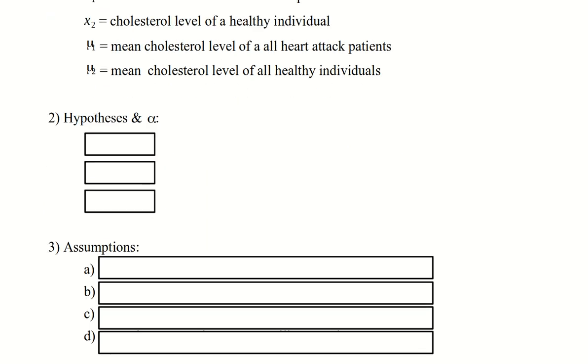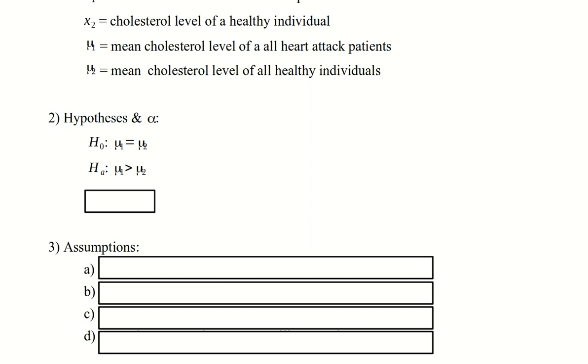Our hypothesis test, well, the null hypothesis is exactly what you'd expect. That is, there's nothing to see. The two populations have the exact same mean, or at least within the level of statistical significance. The alternative hypothesis is what we were asked to test.